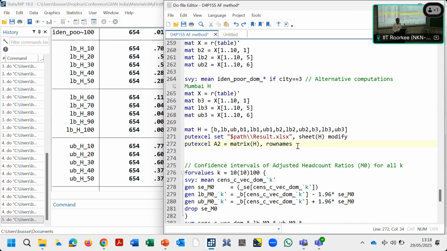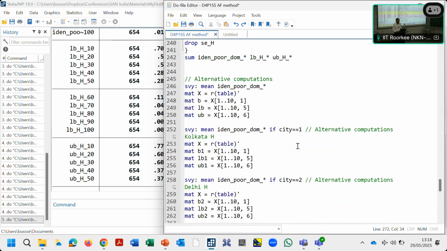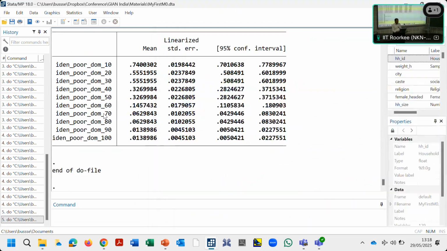Hopefully you'll be able to try and do it on your own the other times. So what I'm doing here is an alternative computation. I'm running this first: svy mean, identity code dominance star. If you run that, of course it runs everything. It computes and saves everything, right?